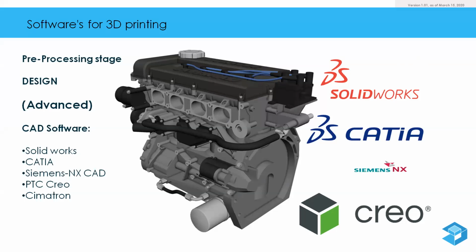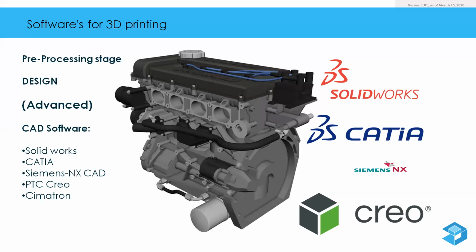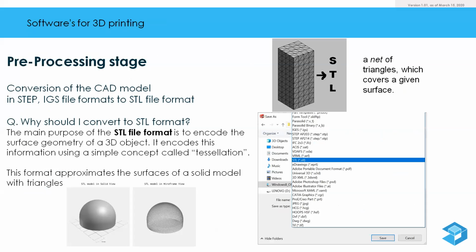So this phase that I talked about: after you have made this 3D model over here, you can convert this 3D model into an STL format in 3D printing. This is the surface geometry of a 3D object.